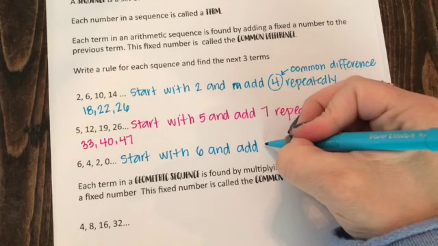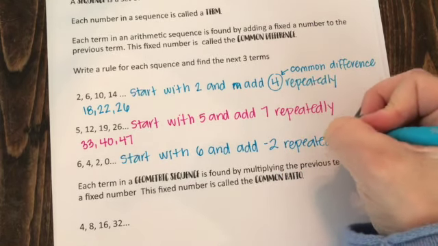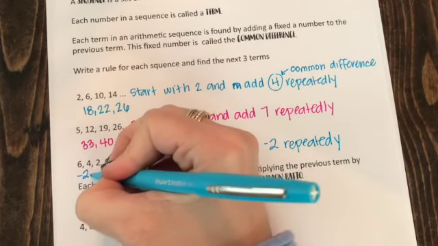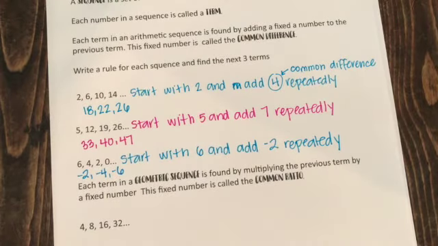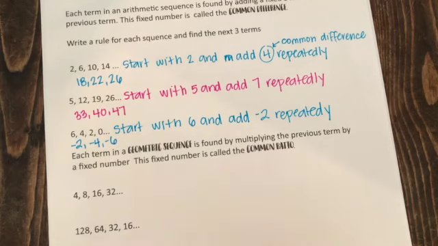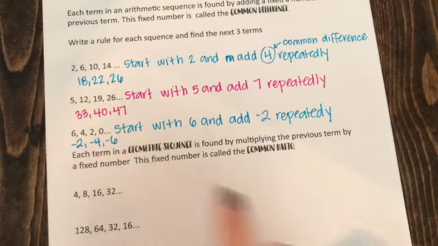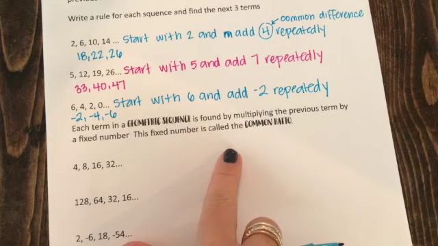Start with 6 and add -2 repeatedly. So 0 plus -2 would be -2, -4, -6. Okay, and make sure on your Google form today, and I've written it out there, but you're not putting commas in between. You're just putting a space. Okay, so that's arithmetic sequences, when you're adding the same thing every time.